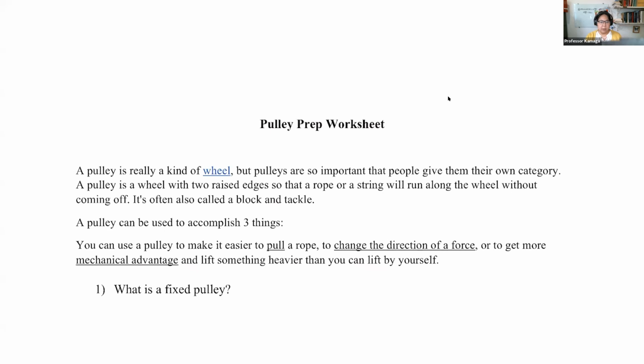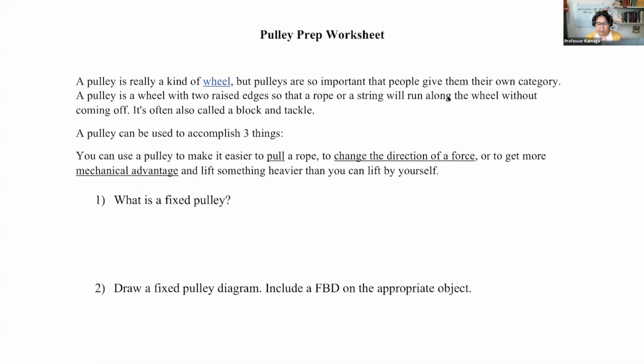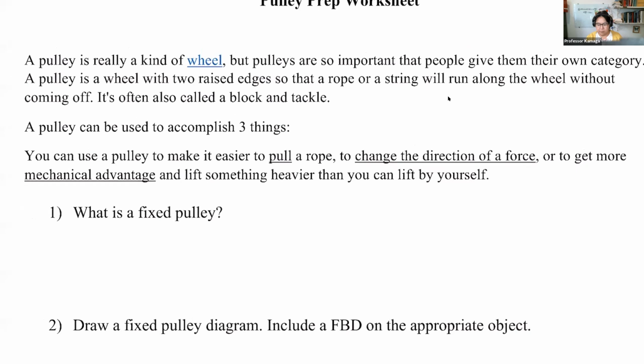What you see on the screen now is your pulley preparation worksheet. So here it has information about pulleys. A pulley is a device that looks like a wheel, and you can use the pulley to accomplish three things.